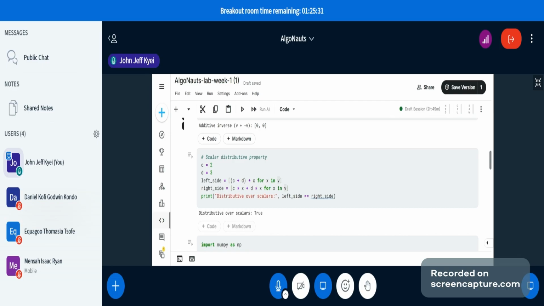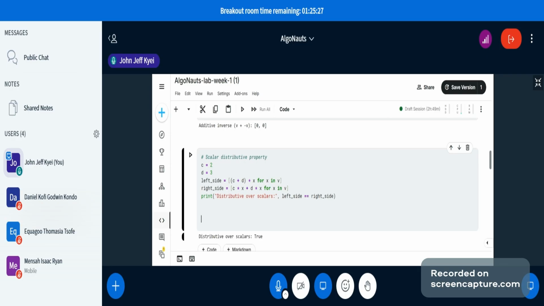So C plus D, all of that times our vector, which may be V, should be equal to C times the vector V alone plus D times the vector V alone.